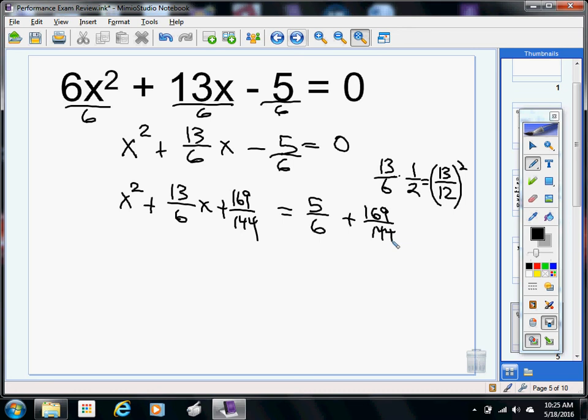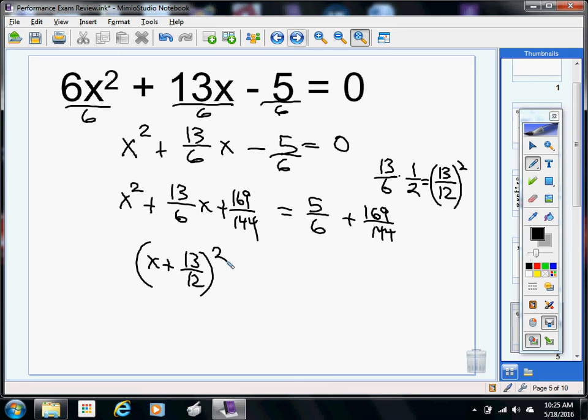Again, guys, all I just did was I completed the square with this. I took half of 13/6 and squared it. The reason I wanted to do that is so that I could come up with a trinomial perfect square. And when I can get it to be a trinomial perfect square, just like before we went to the media center, you take the square root of each of these, and it gives you a way that it factors.